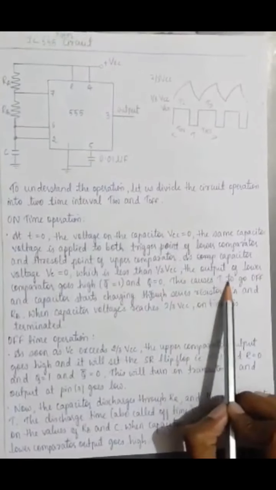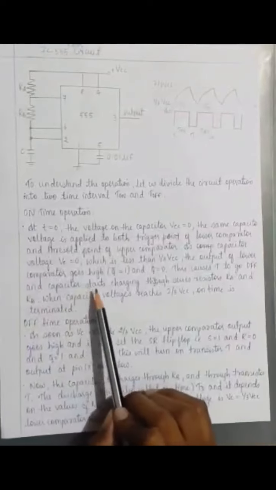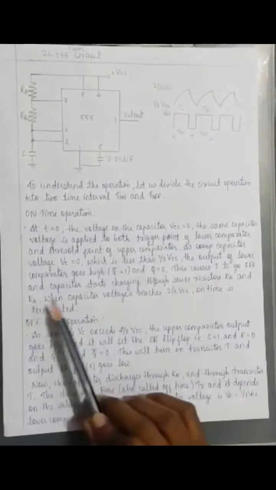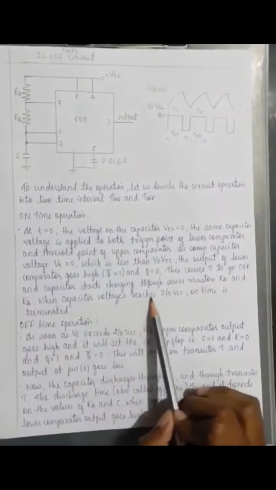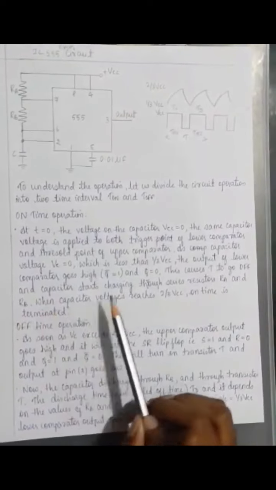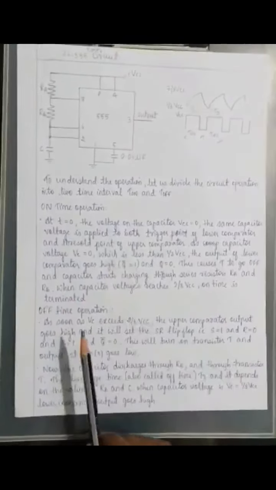This causes the transistor T to go off, and the capacitor starts charging through series resistors RA and RB. When the capacitor voltage reaches 2/3 VCC, on time is terminated. This is on time operation.